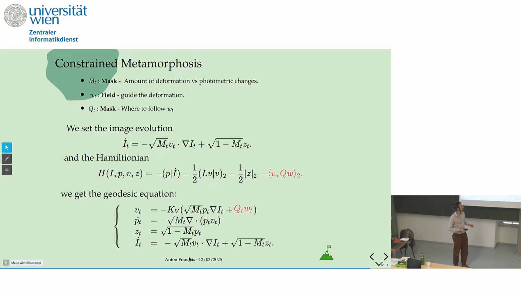So I add a term in the metamorphosis cost Hamiltonian: if I have a W that I want to follow at a location given by Q, a weight matrix, I want to follow W here. This changes the equation just a bit, adding the W into the expression of the vector field that we want to estimate.